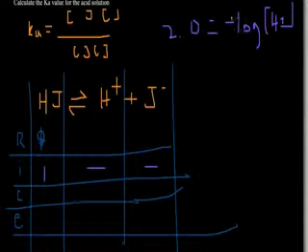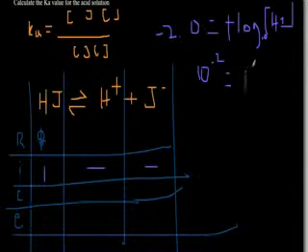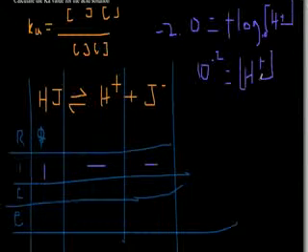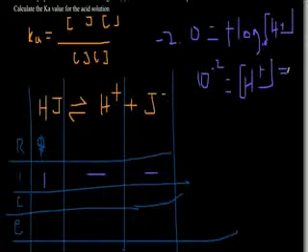So we can multiply both sides by negative 1, we get negative 2, so then with an imaginary base 10 here, 10 raised to the negative 2 equals H plus. You guys know what 10 raised to negative 2 is, that's 0.001, 0.01, sorry. That's what it equals.